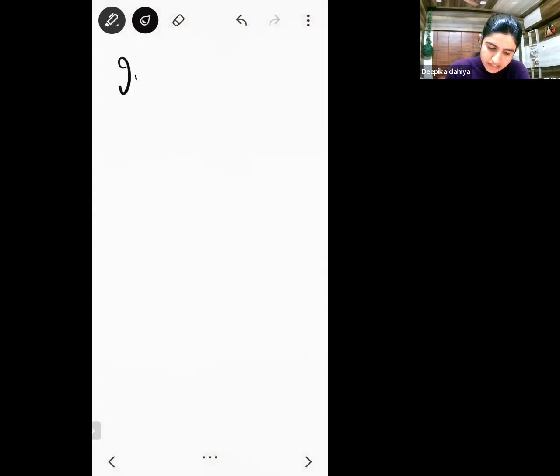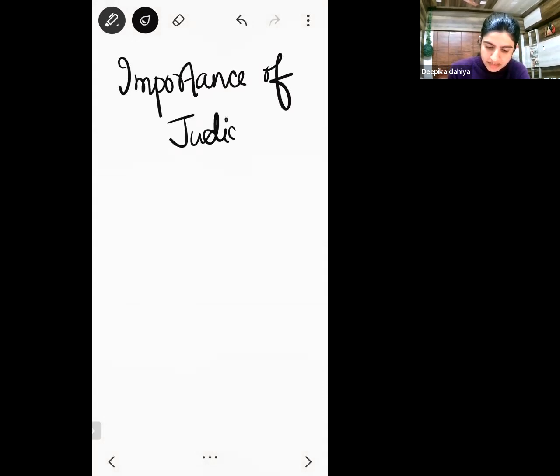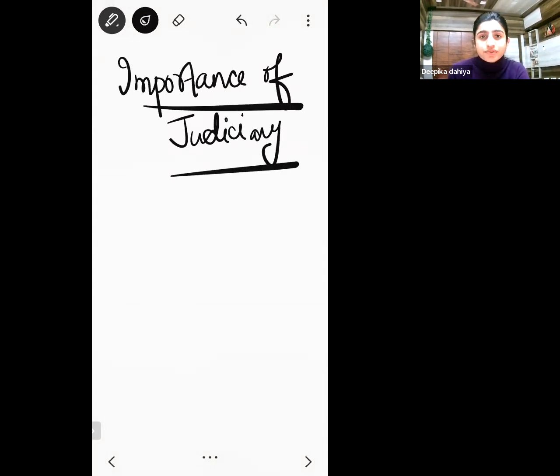Then we discussed the importance of the judiciary, especially in a modern democracy. Why do you think the judiciary is more important in democracies than in monarchical setups?